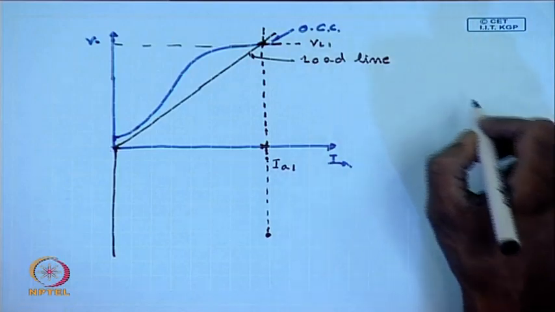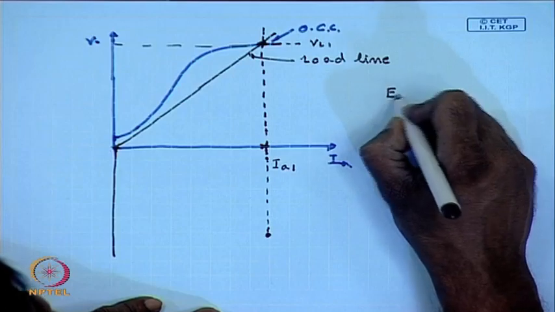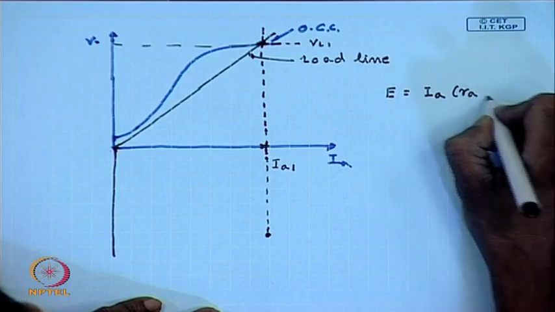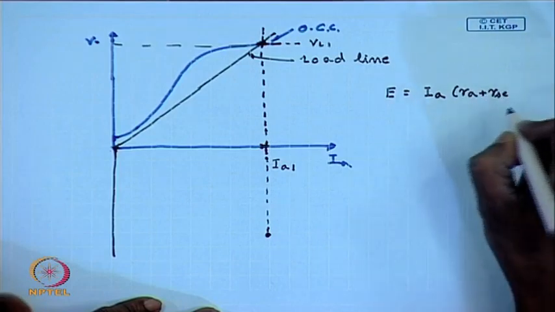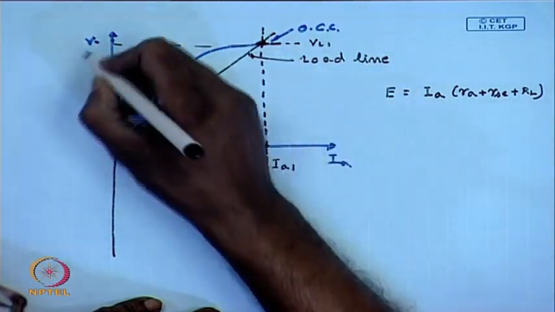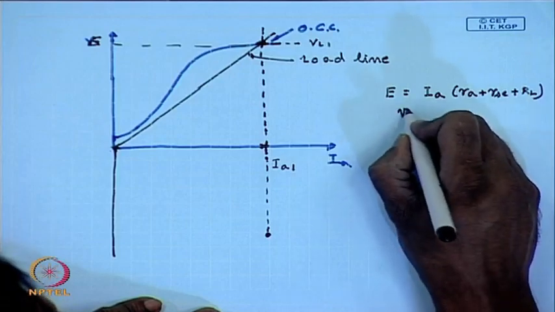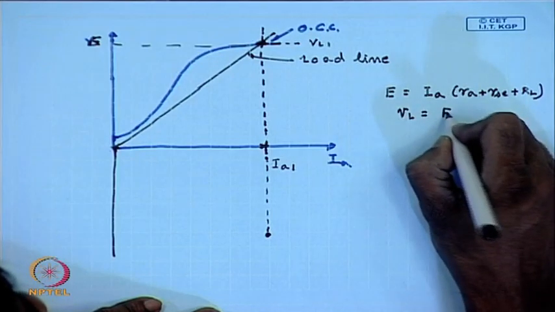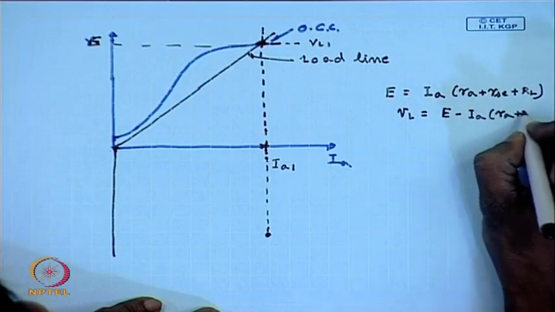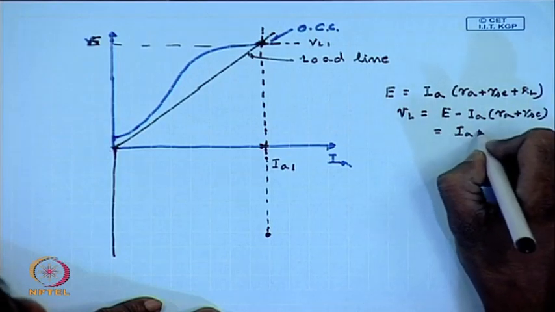So, for the terminal voltage of a series generator, we have seen that E equals IA into RA plus RAC plus RL, and this is the value of E, and VL equals E minus IA into RA plus RAC, equal to IA RL.